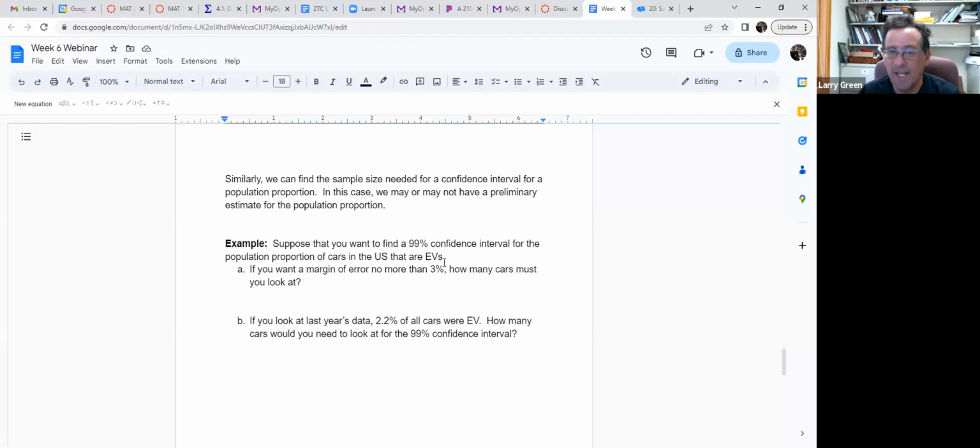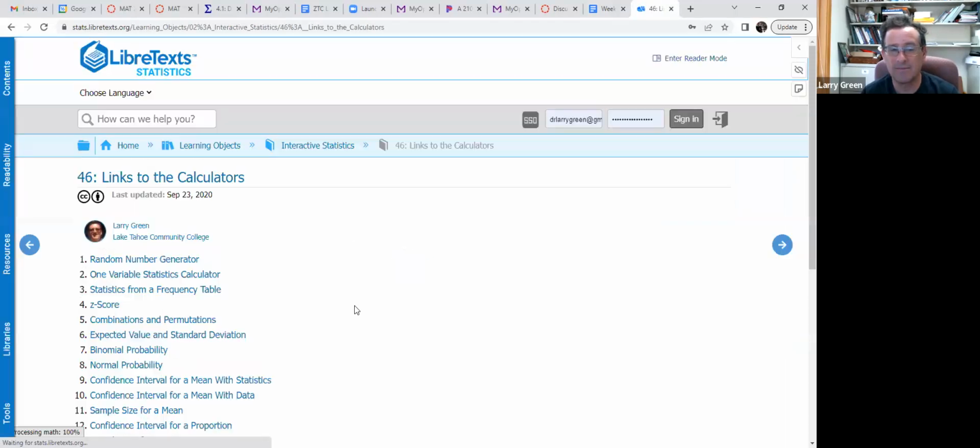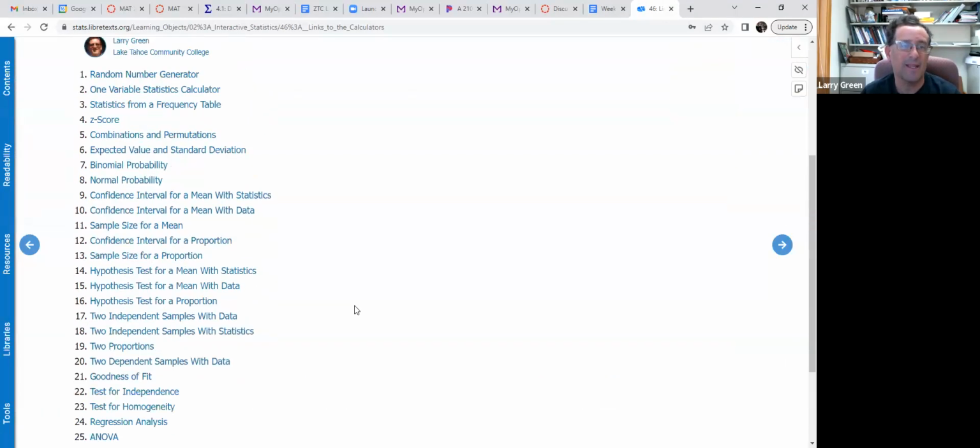And let's suppose you want the margin of error to be no more than 3%. How many cars must you look at? Okay. So I'm going to go back to the calculator menu, and let's see if you can tell me what calculator number to use. Which one's the right one?